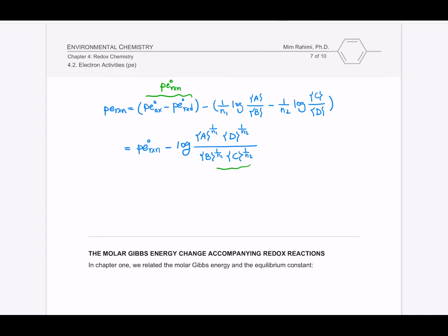So this would be basically this part, 1 over Q. So eventually what we get is PE of reaction equal to PE0 of reaction plus log of Q. And this would be the Nernst equation for the redox reaction.